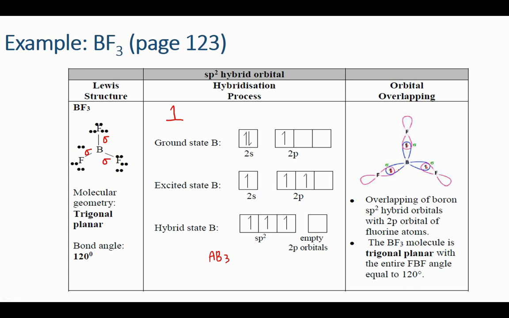Now show the electrons involved in the formation of bonds. For boron we draw 1 electron each, 3 electrons, and then 1 electron from fluorine. So we get 3 sigma bonds here, from the overlapping of the sp2 hybrid orbitals of boron with the 2p orbital of the fluorine atoms. The shape is trigonal planar and the bond angle here is 120 degrees.